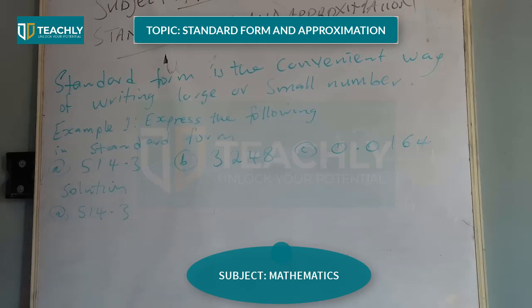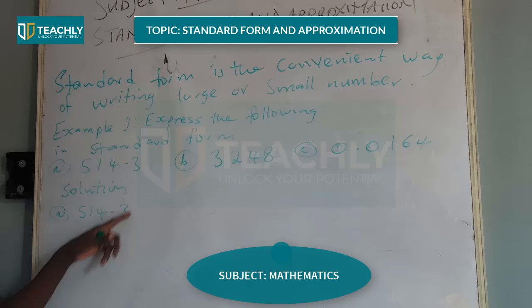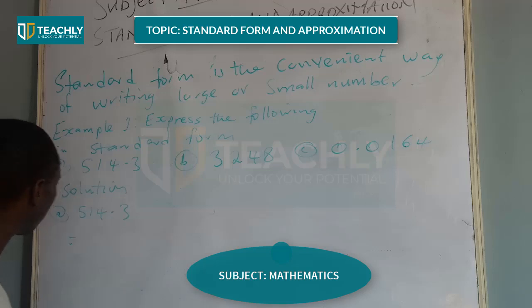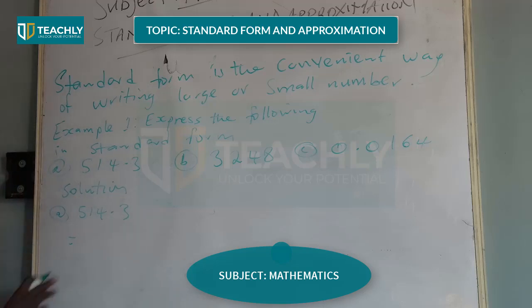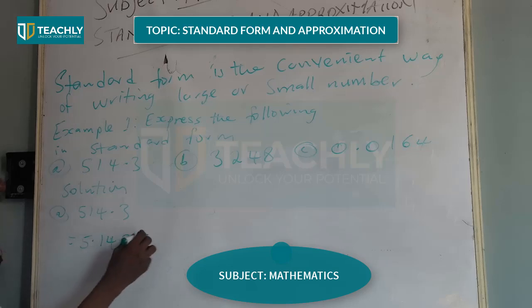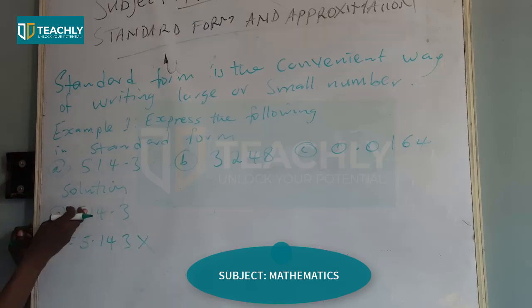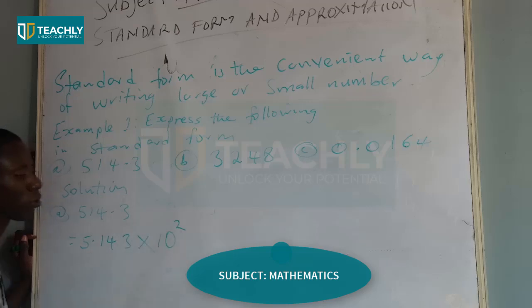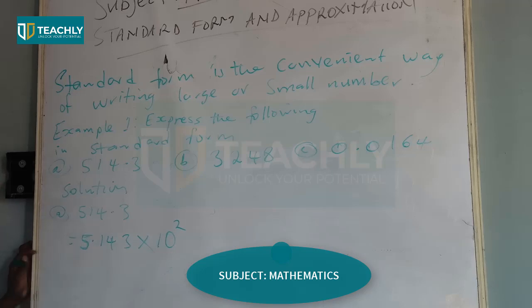We have 514.3. For standard form, the rule is that the decimal point should always be at the back of the first number.